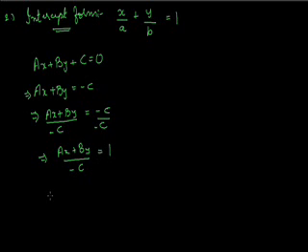Now segregating the denominator, I'll get minus of a by c of x minus of b by c of y is equal to 1. Now further, if I compare this standard equation of the line with my intercept form, I can see that in the numerator I am having x and y, and in the denominator I'll have some constant term. So I'll do the same over here.